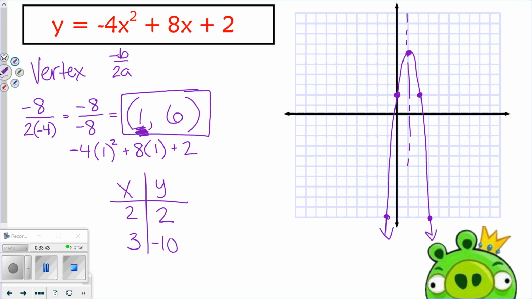But I knew before I graphed it that this was negative. I knew it was going to point down. Also, you can tell by your C value where it crosses the y-axis. Yeah, the C value crosses the y-axis. Do you have a question?